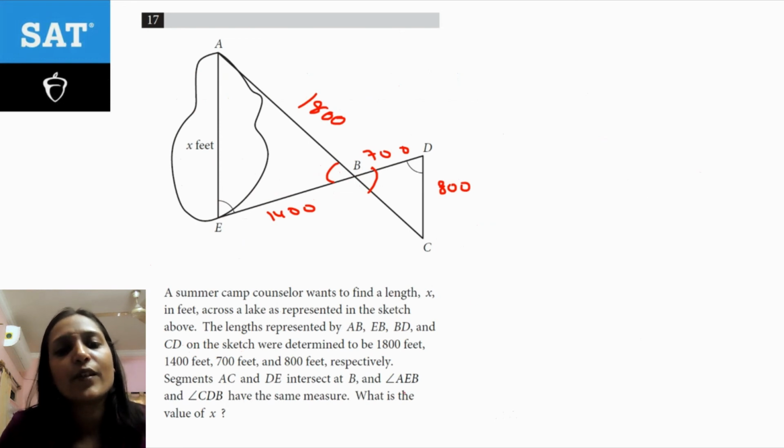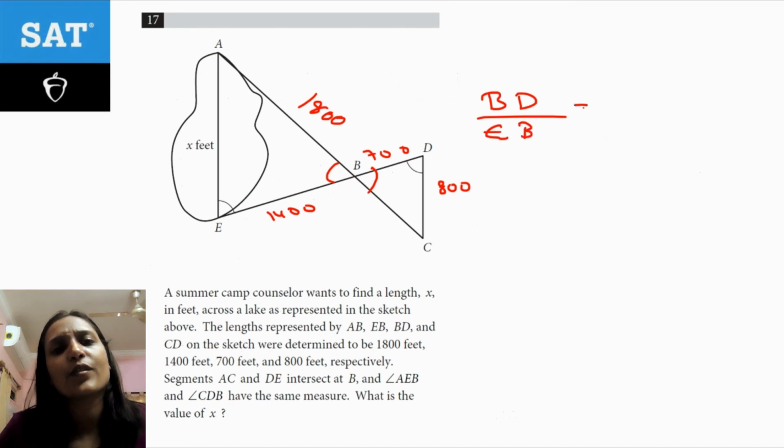So here they're saying what is the value of x if the segments AC and DE intersect at B and AEB is equal to CDB. So let's look carefully over here. 1800, 1400, 700, 800. So what we can do is we can say BD by EB should be the same as AE by DC.